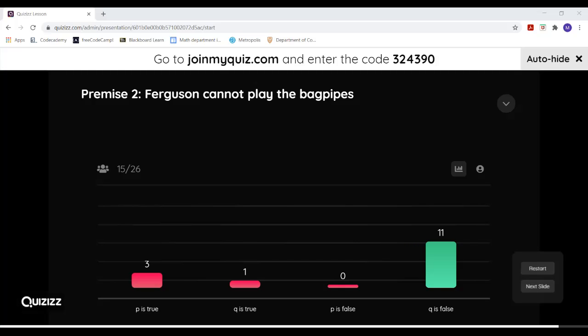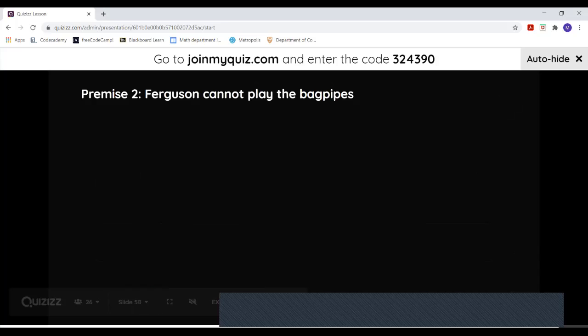All right, so we're saying Q is false. What is a Q statement? And cannot means he is not.